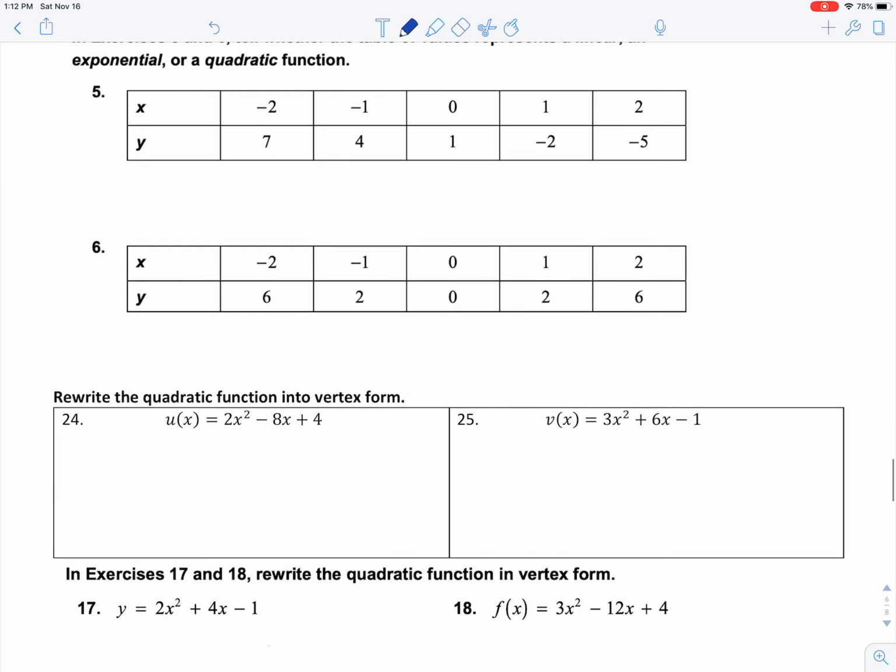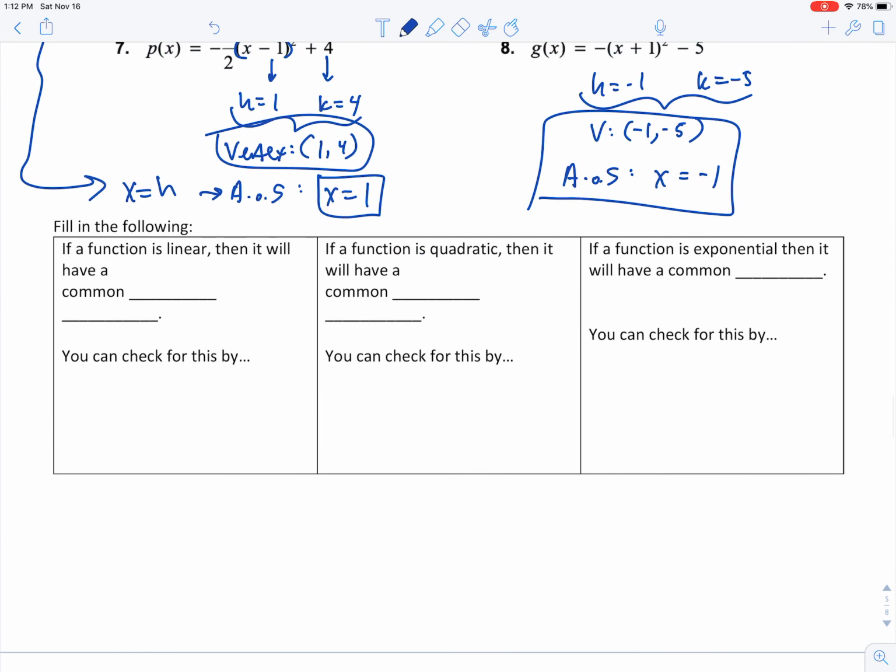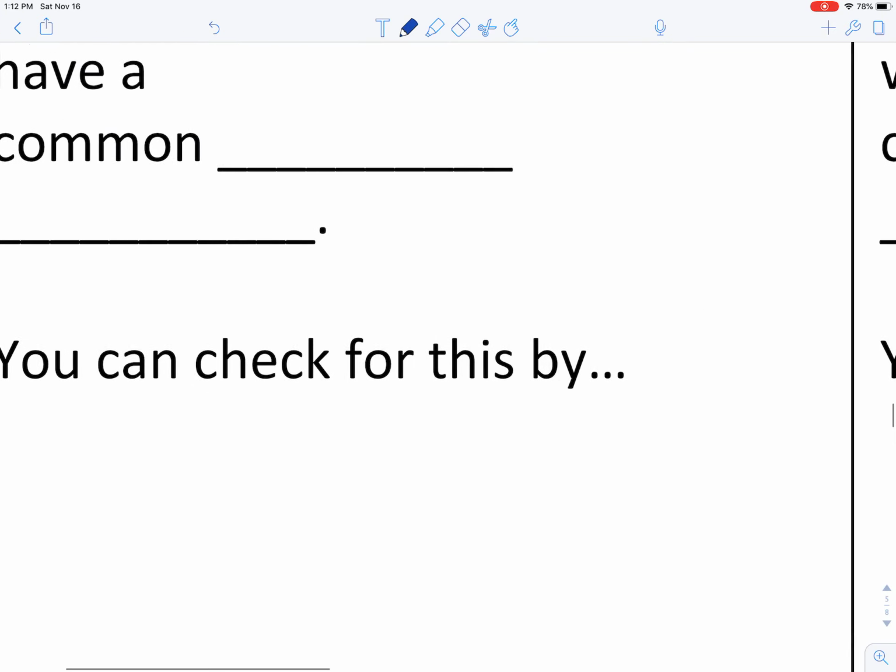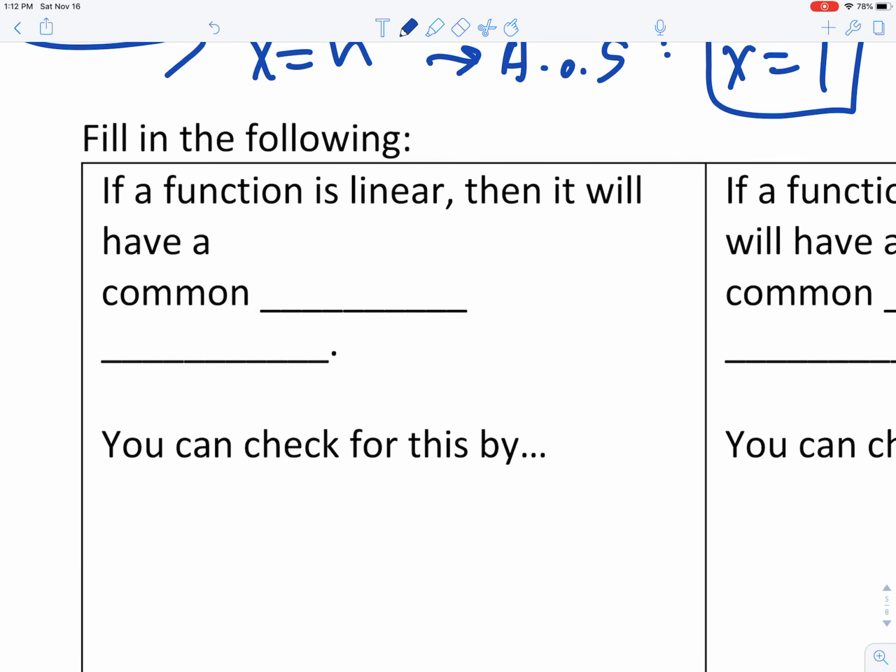Let's talk about this next part, how to tell if a function is linear, quadratic, or exponential. Okay, so if it is linear, then it will have a common first difference. What we mean by first difference is you look at the changes in the y's. If the y's change by the same amount, it has the same first difference, therefore it will be linear.